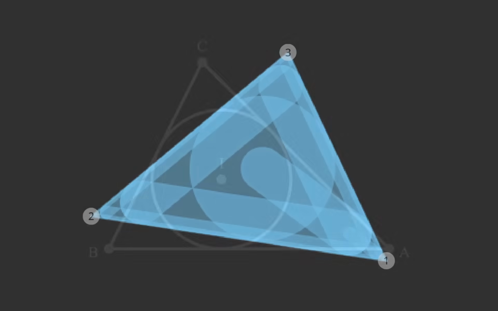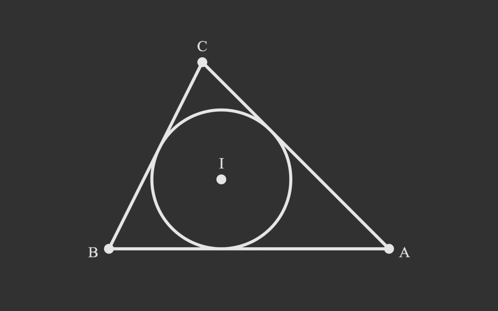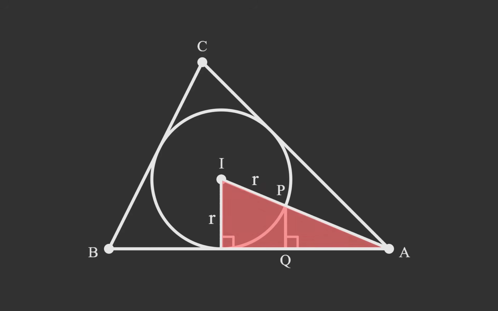To find our desired pen size, let's look back at our triangle. The desired pen size will be this distance PQ. This is the smallest the pen can be without leaving any holes right next to the incircle. To find that distance, PQ, we can look at these two similar triangles. If triangles are similar, the ratio of corresponding side lengths will be equal.